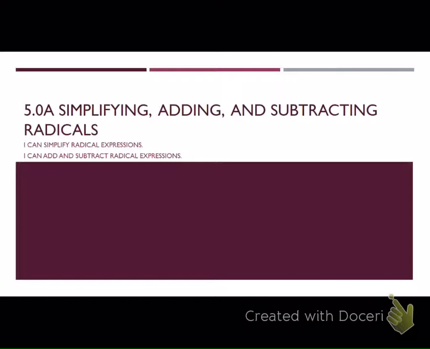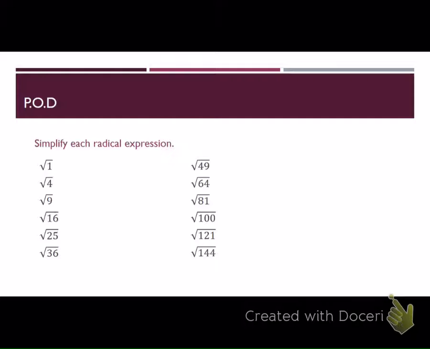All right. So, first thing we need to do is simplifying radical expressions. Remember, when you simplify radical expressions, you use a factor tree. We've done this stuff this year. And then you look for your groups of 2.